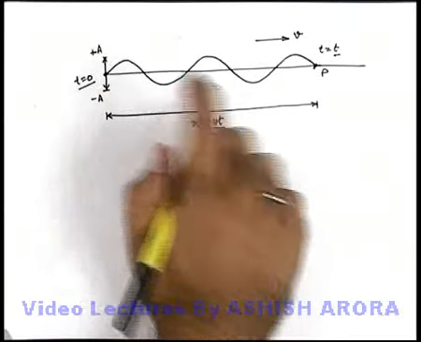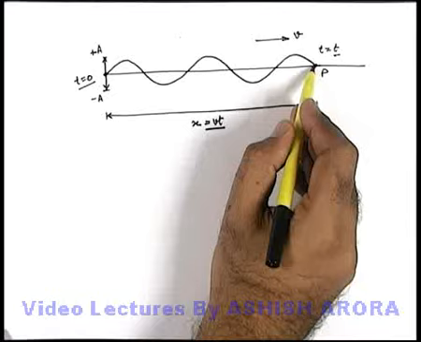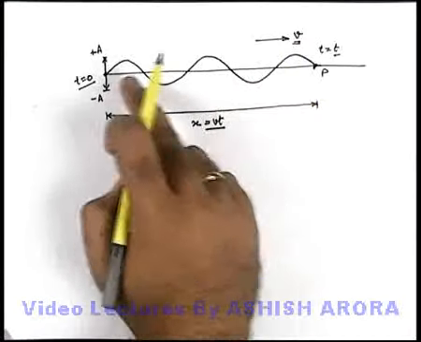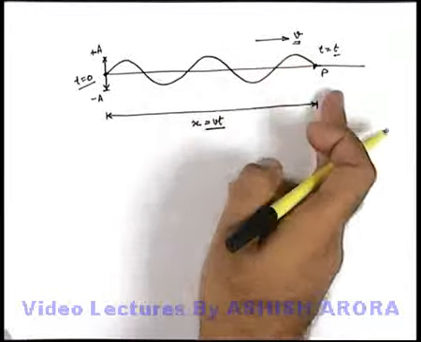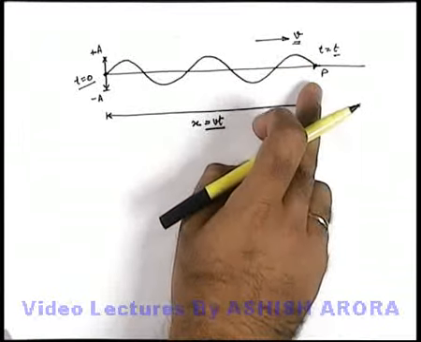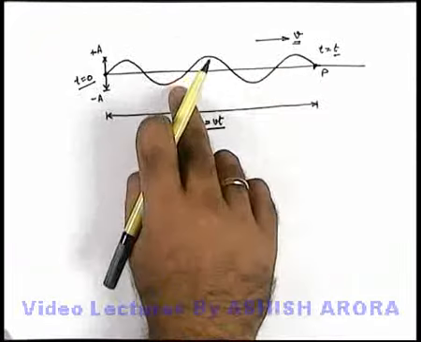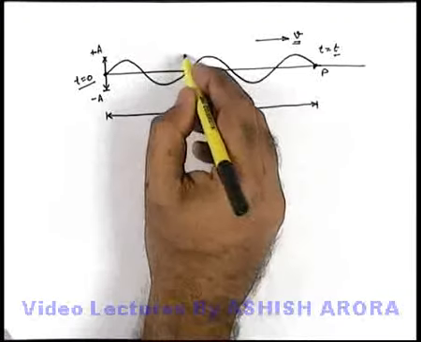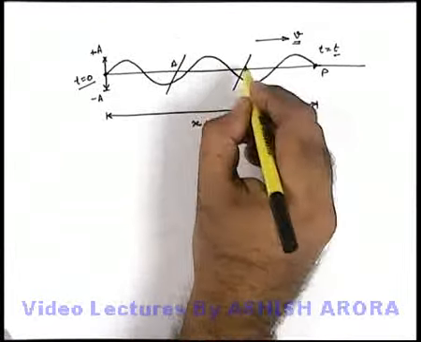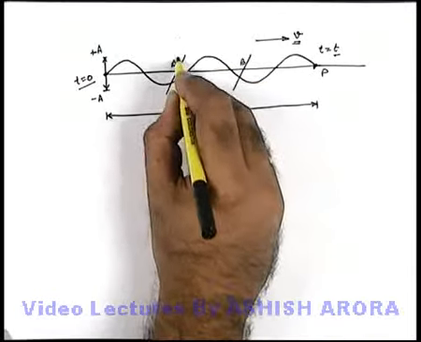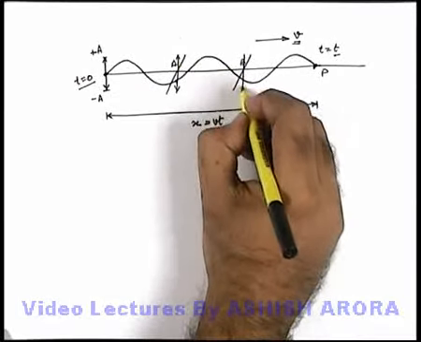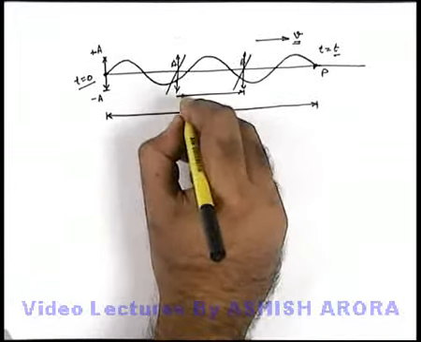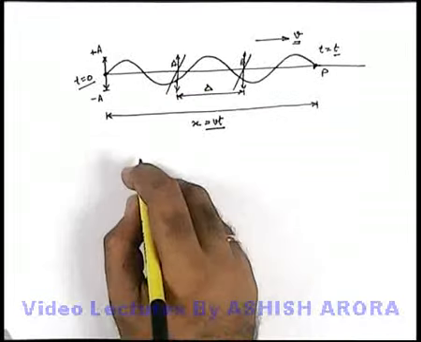That means at time t, the phase of the particle is also propagating at the same speed v, because the particle which is ahead of any point will acquire the same phase as its previous particle within the given time duration. For example, we consider two points A and B which are oscillating up and down at these positions, and they are separated by a distance delta.